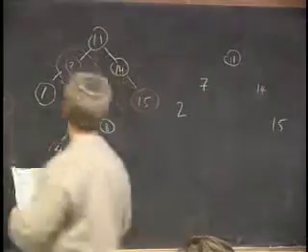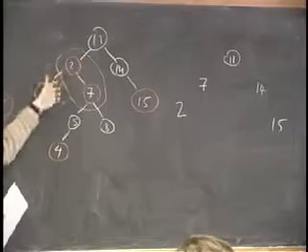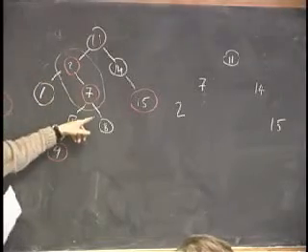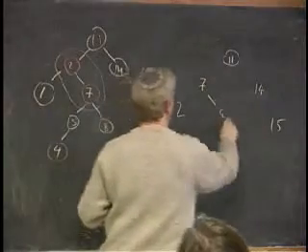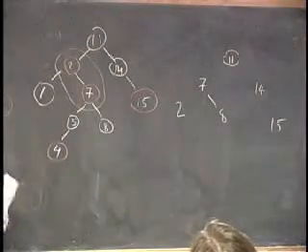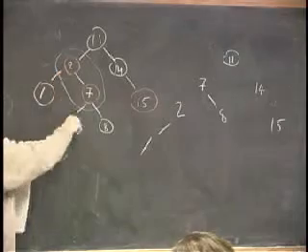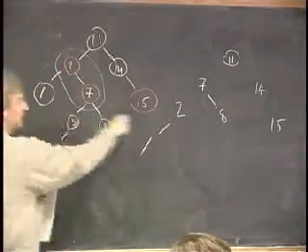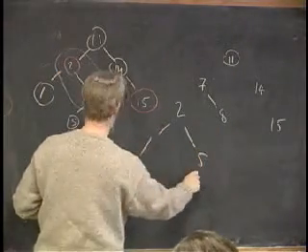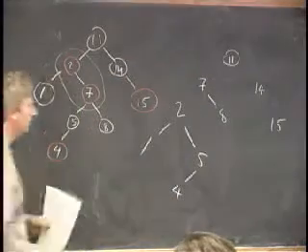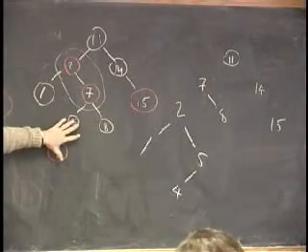I want you guys to tell me, what's coming off the 7 when you rotate it? On the right side, 8 comes off the 7. What comes off the 2 on the left side? 1. And what comes off the 2 on the right side? This subtree. The 5, 4 subtree. That whole thing comes off.